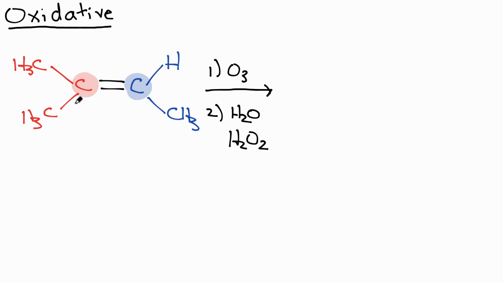Okay, and for this reaction, again, we're going to be cleaving the double bond. On the left side, we just have carbon groups, nothing changes. So this carbon will just become a C double bond O, and we still will have the methyl groups attached.